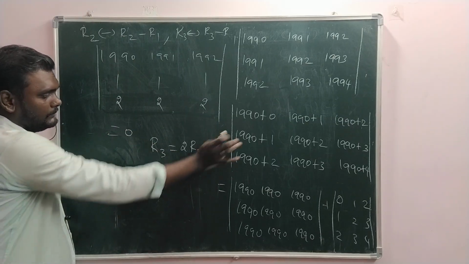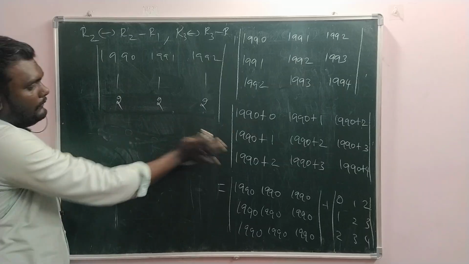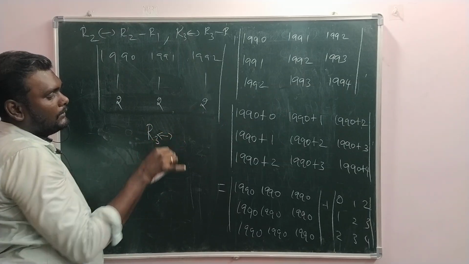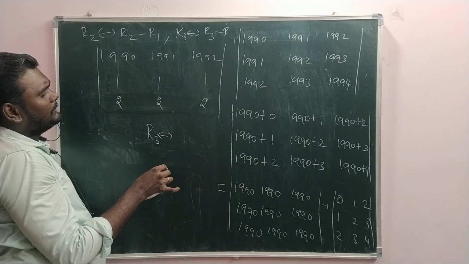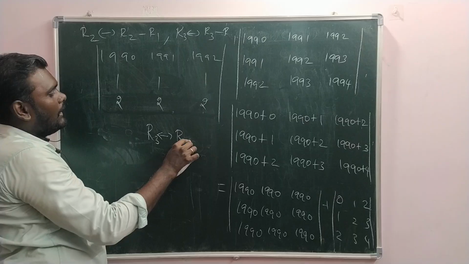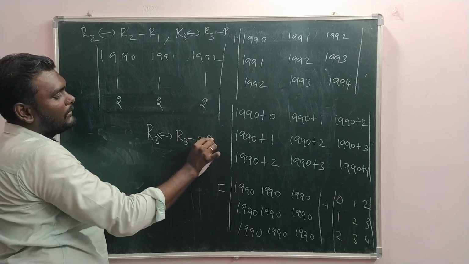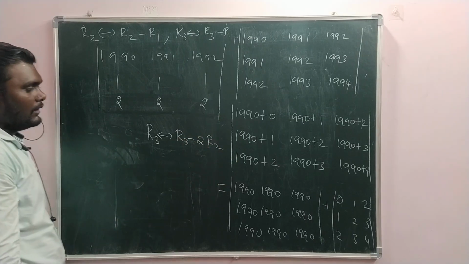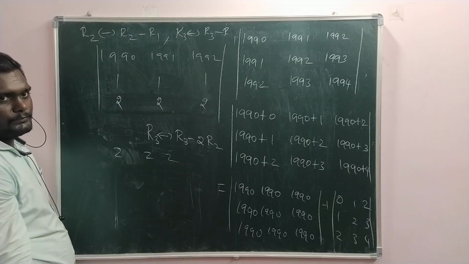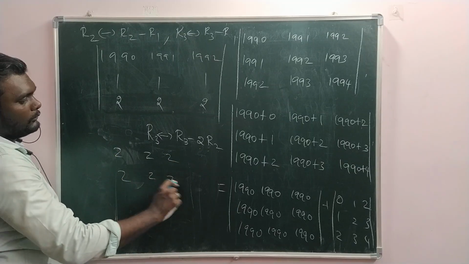What is elementary row operations? I am going to write the result in R3. Okay, let me write in R3. So what I am going to take is R3 minus 2 times R2. So R3 is 2, 2, 2. 2 times R2 is 2, 2, 2.